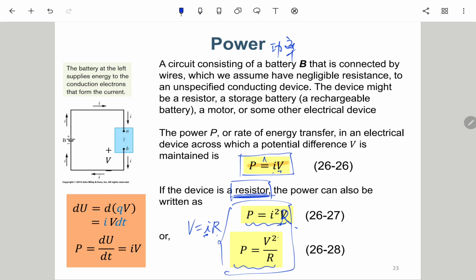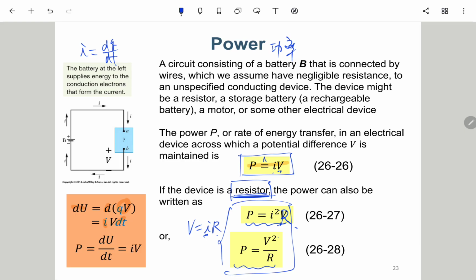So this is it. This on the left side tells you that the electric potential energy is actually nothing but dQ V. U is QV, so dQ will be I times dt, because I is dq dt, so dq is I dt.